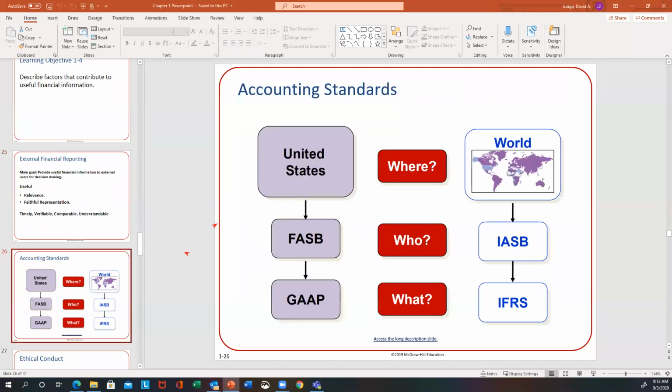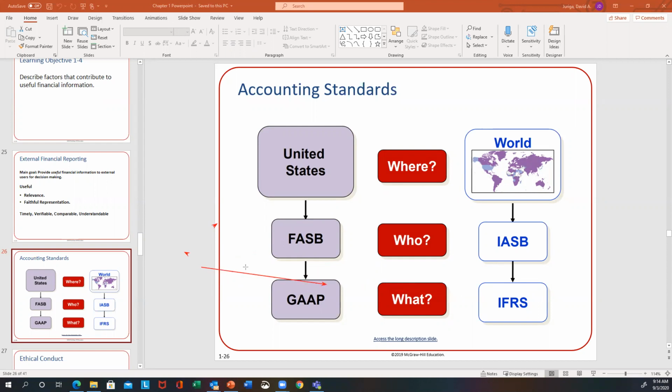In terms of who develops these, in the US, we've got the FASB, and of course, we're studying GAAP. If you're outside of the US, typically there's the International Accounting Standards Board, or IASB, and they developed IFRS. There's been a lot of talk the last several years about trying to reconcile the differences between generally accepted accounting principles, GAAP, and IFRS.